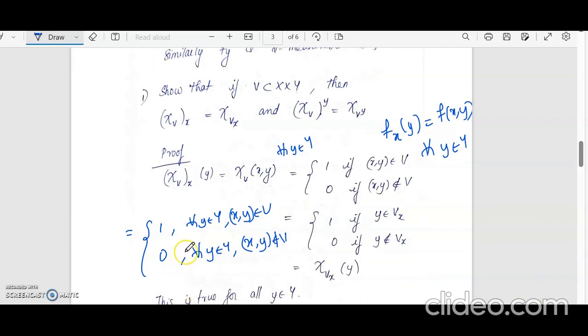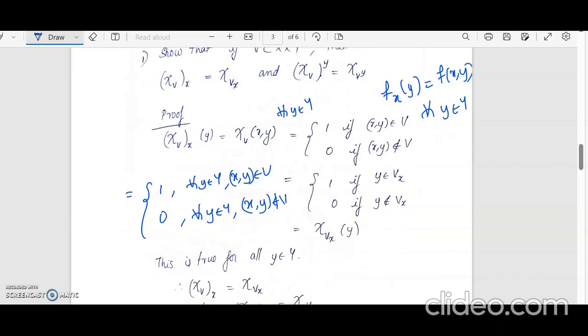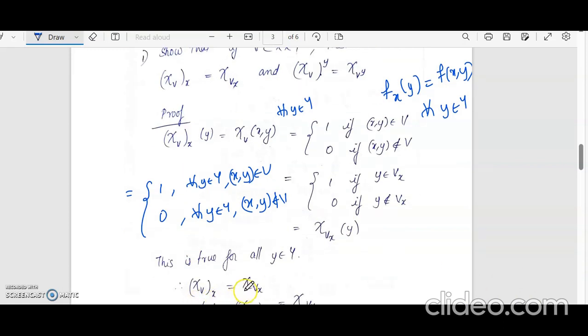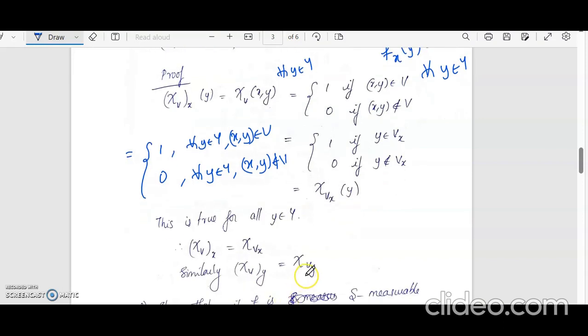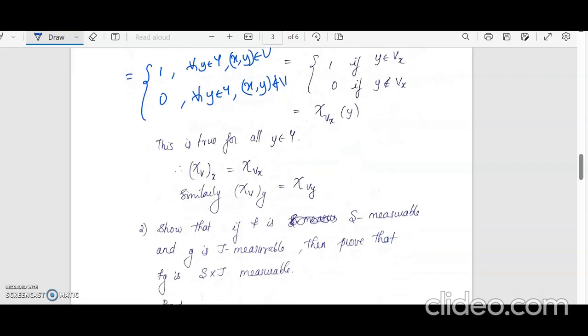That way we can say that the x section of chi V is the same as the characteristic function of the set Vx. Similarly, starting with the y section definition, we can show that the result will hold in the case of the y section also.